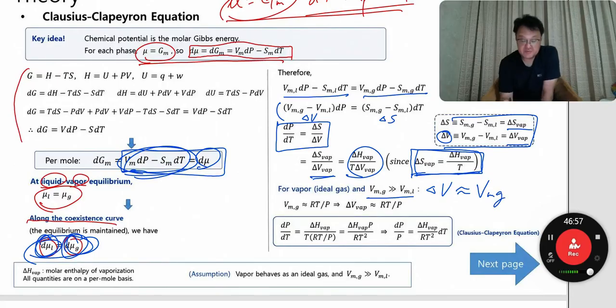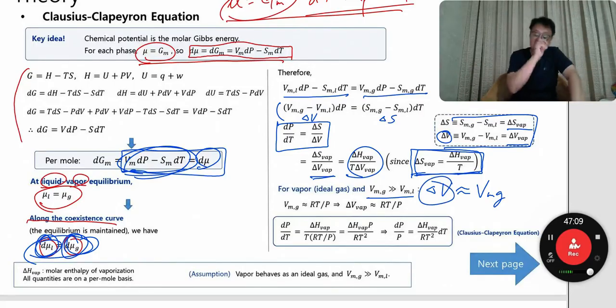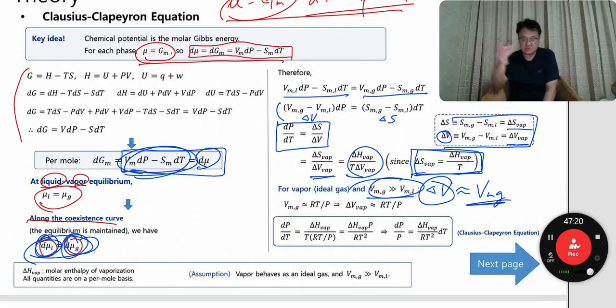And that is because delta V is basically the volume difference between gas and liquid. Compared to liquid, the volume of gas is much, much larger. So this volume difference between gas and liquid can be regarded as basically the same as the volume of gas, because the volume of gas is much, much larger than the volume of liquid, okay?